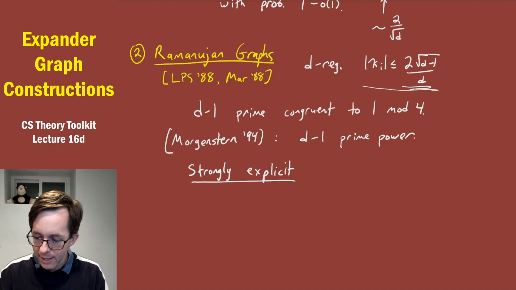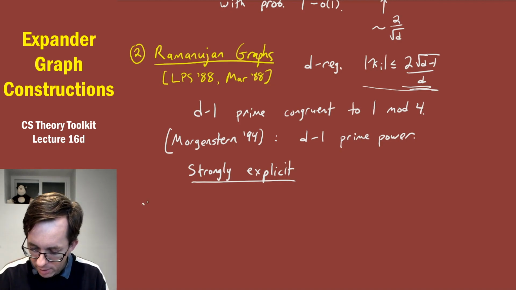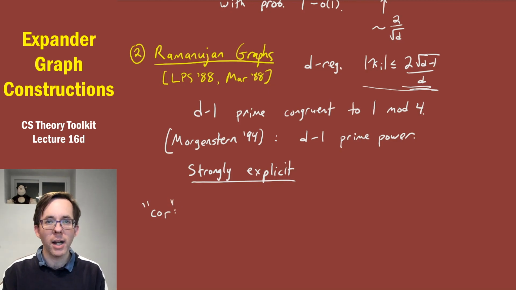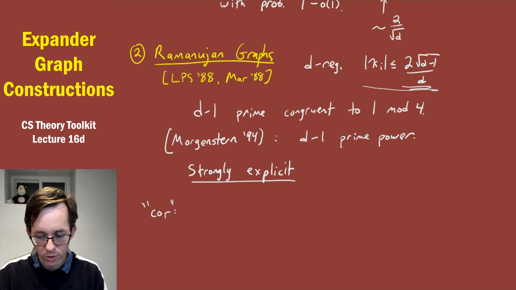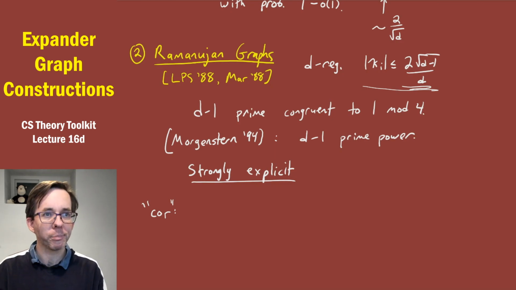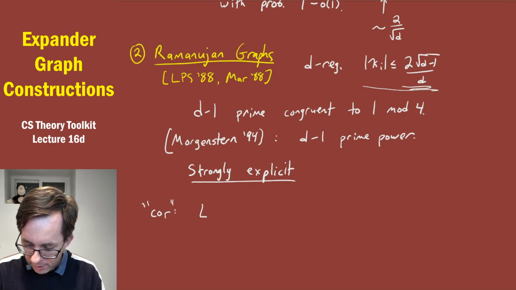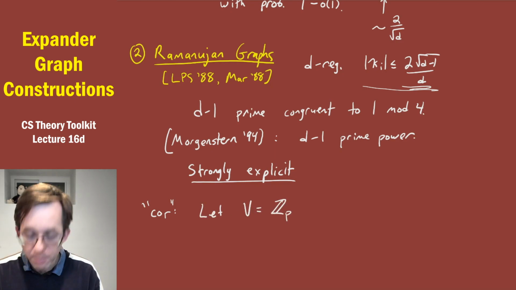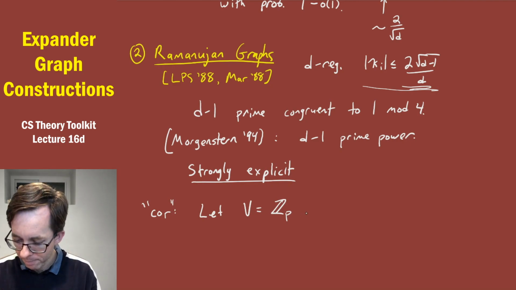Another nice thing about them is there's a corollary of their number theoretic construction. This corollary also takes work, but I like to mention it because it's a super cute, explicit construction of an expander graph that results after you work through all the number theory in their paper. Consider the graph where V is the integers mod p, where p is a prime.